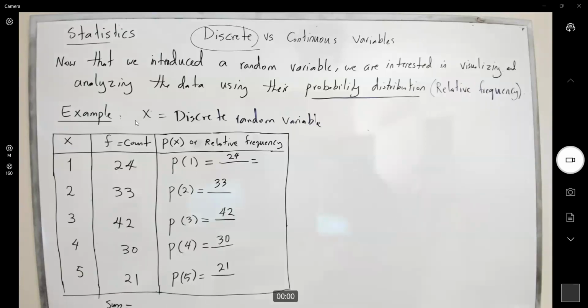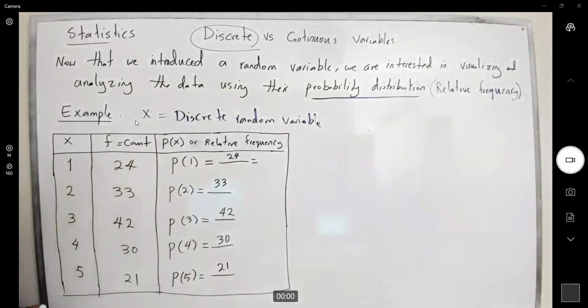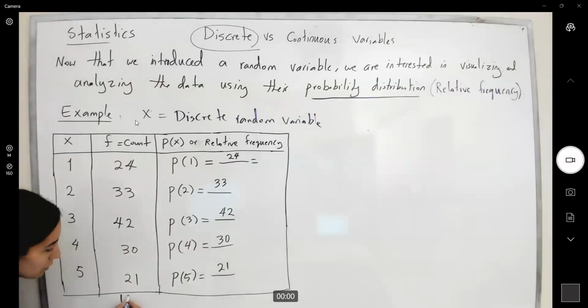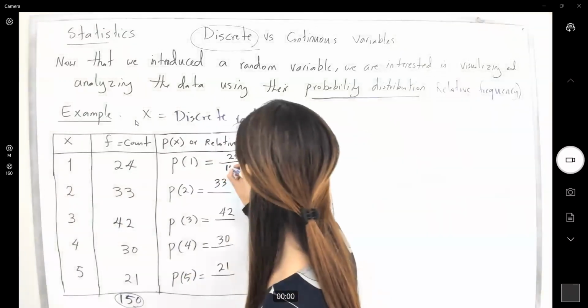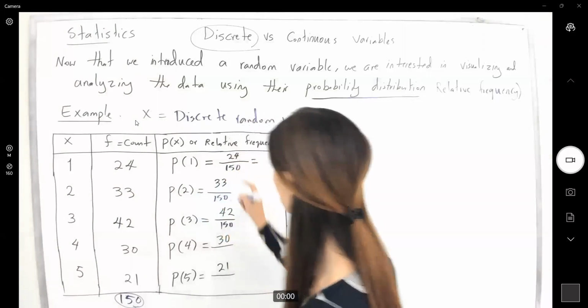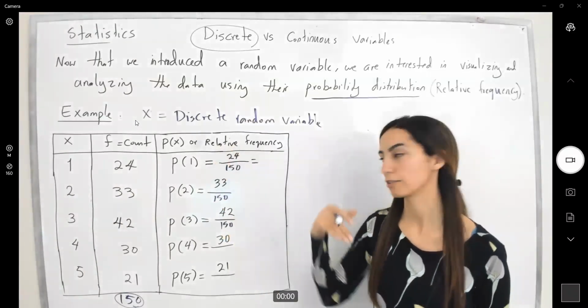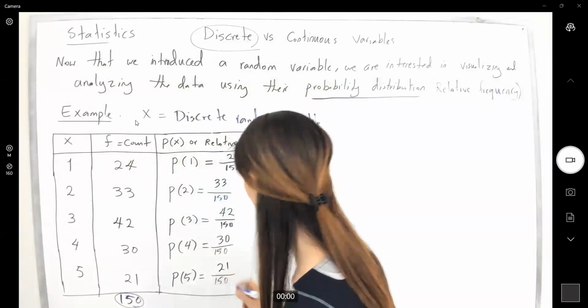Very good. So the sum is 150, right? You're going to write this 150 on each of these denominators and calculate the same process that you did before for relative frequency.